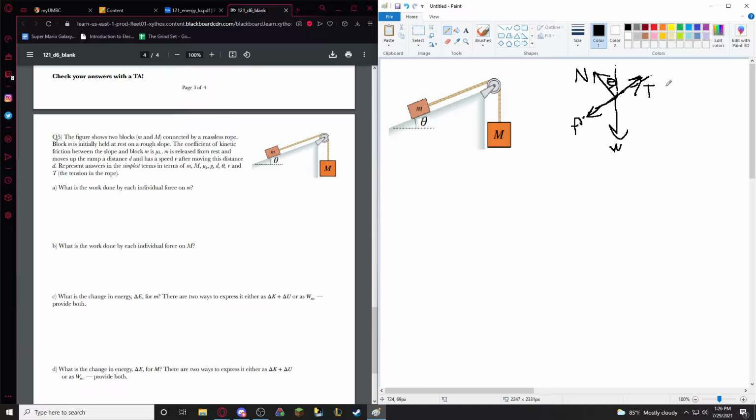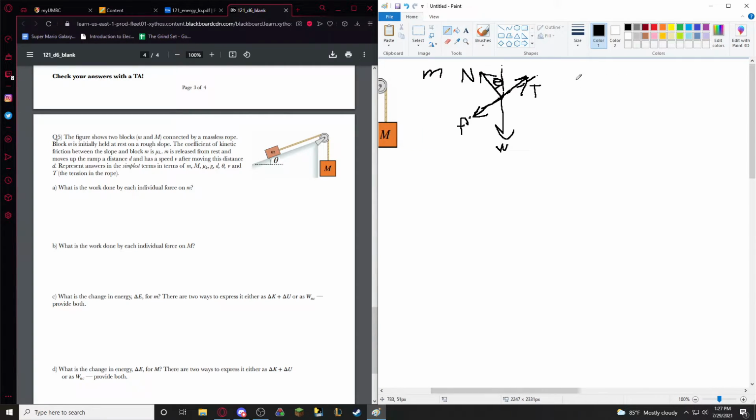Okay. And what about big M? Big M would have three forces acting upon it. What are the three forces? The force of gravity going downwards, the force of tension going upwards, and then the normal force going downwards.